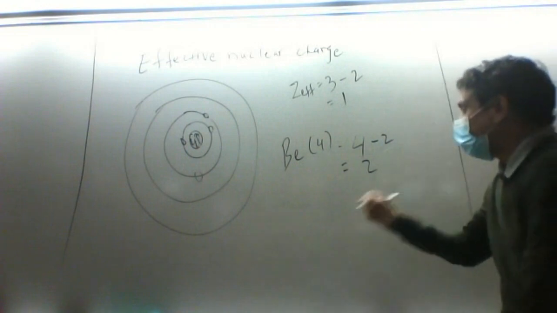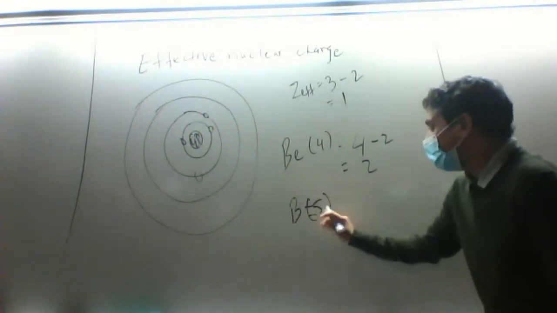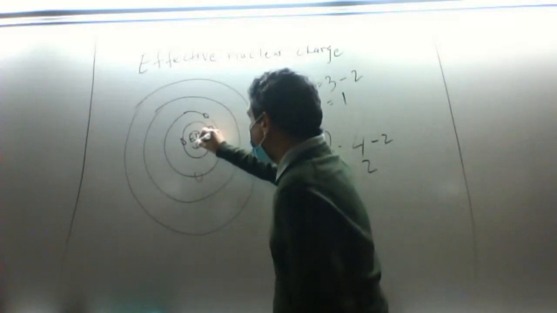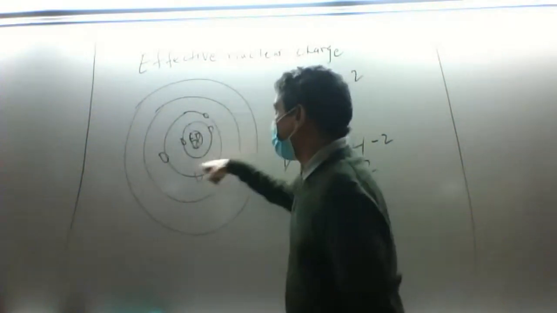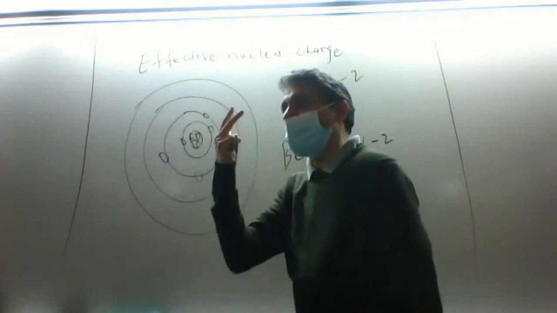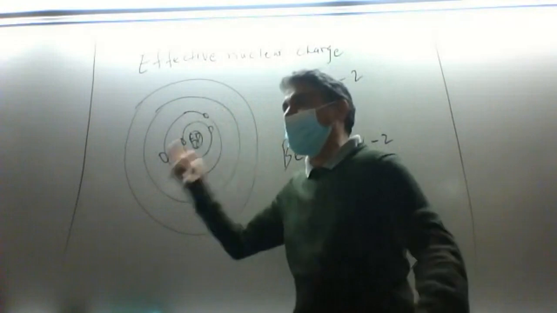So now let's talk about boron. Boron has atomic number 5. So we have 5 protons here, 2 electrons here, and 3 electrons in this orbit. We can put up to 8 electrons in the second orbit, right? In the first orbit, we can only put two electrons according to 2n squared. In the second orbit, we can put up to 8 electrons.